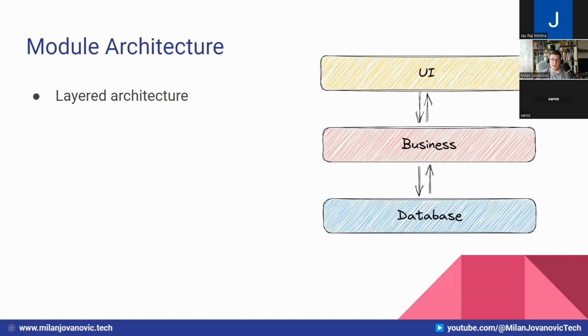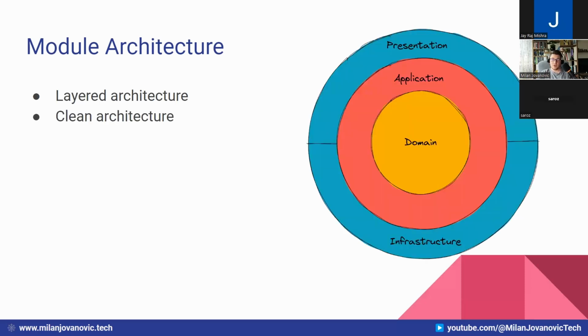So here you have a lot of freedom. You could use a typical n-layer architecture like this one here with 3 layers with the UI, business, and database layers. You could also choose a clean architecture for your modules.